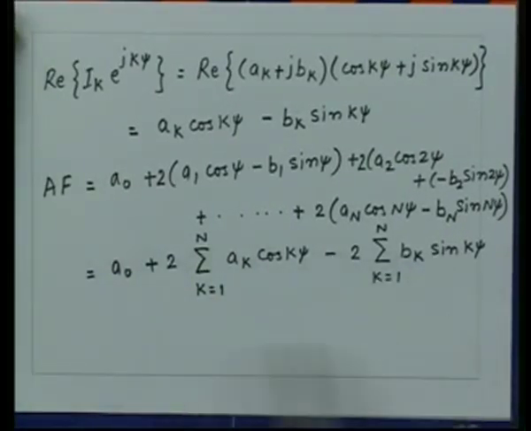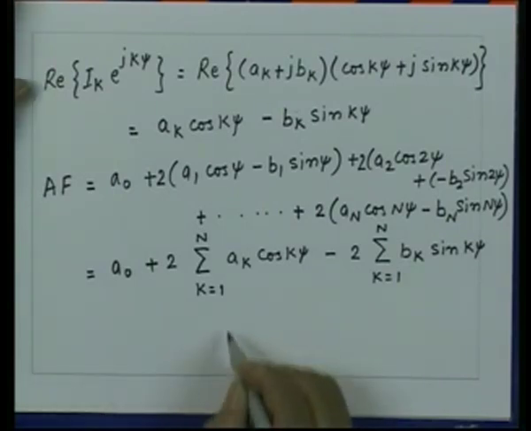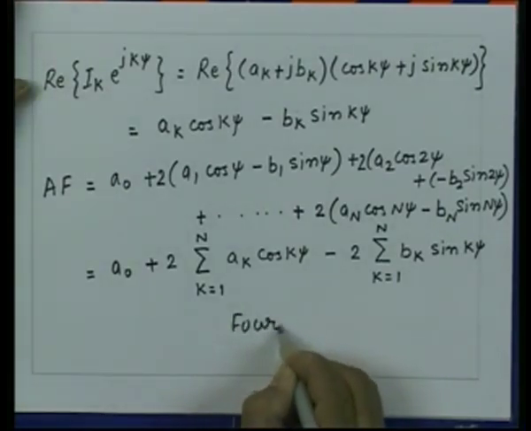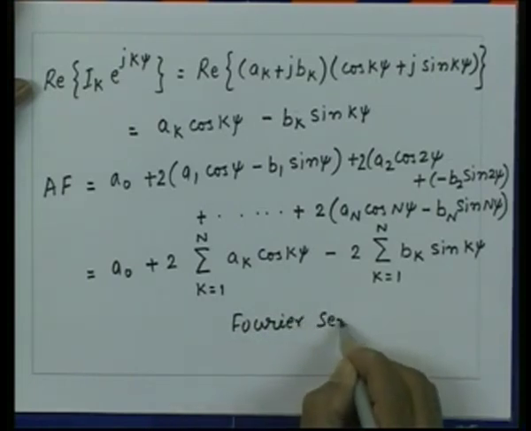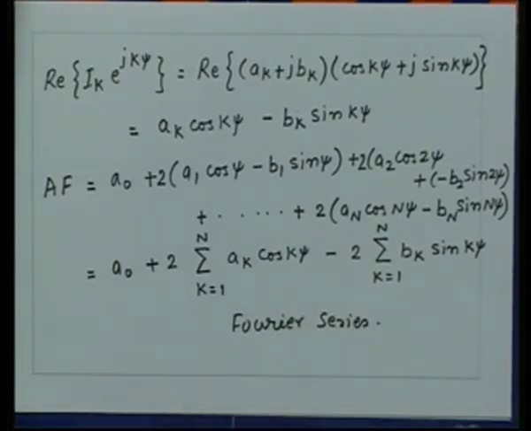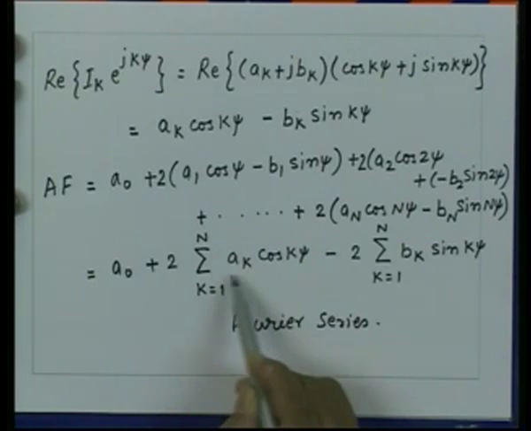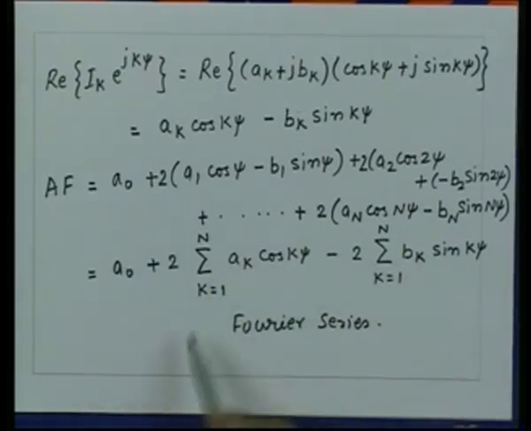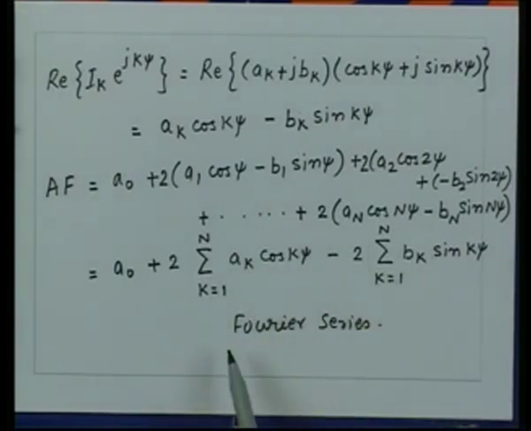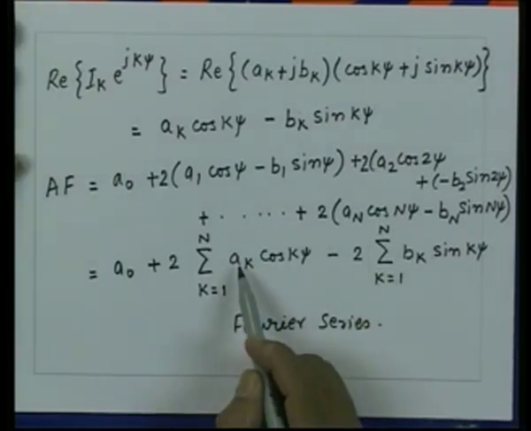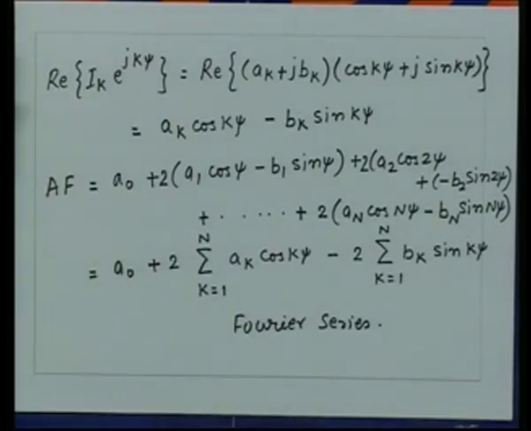Now, this is nothing but the Fourier series of this quantity, the array factor. So, essentially the coefficients which you have here, which represent the real and imaginary parts of the current excitation, are nothing but the Fourier coefficients of the array factor, which is nothing but the radiation pattern of the antenna.